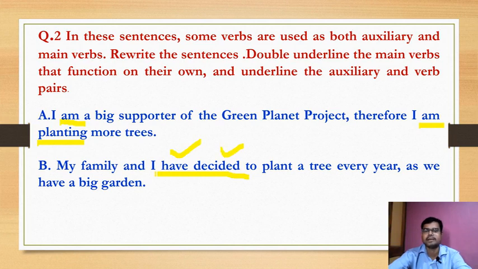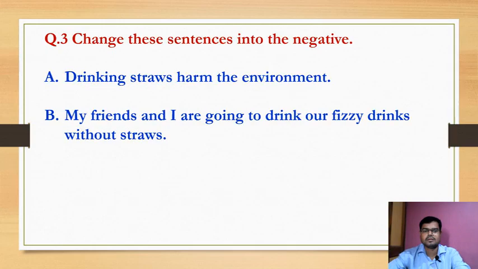We got this pair, and one more word is there, have. So this is the correct answer, have. The auxiliary verb is there. Understood? Very nice. Very good.